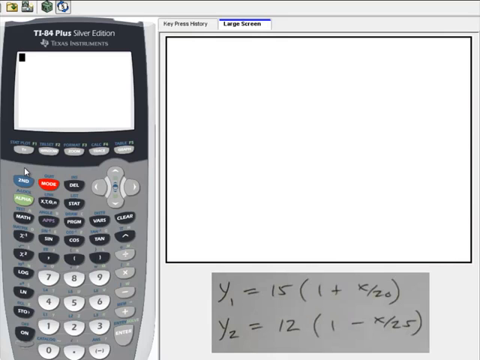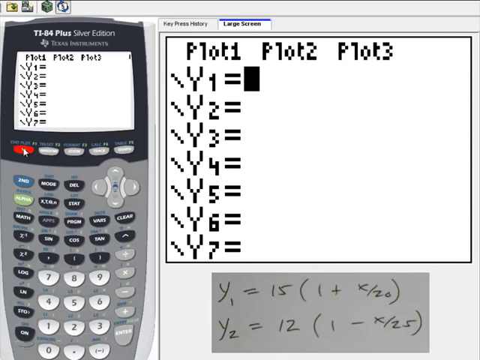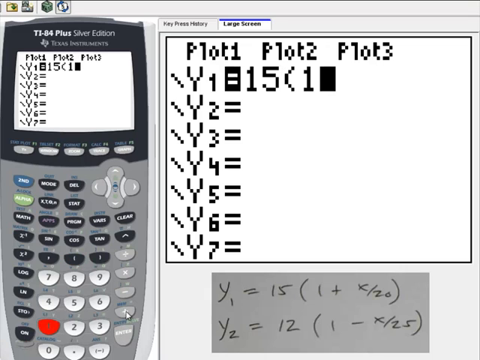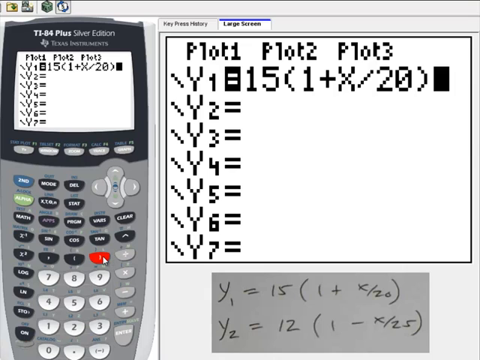Okay, at the calculator, let's go to the Y= edit screen. The formula for y1 we've developed is 15 parenthesis 1 plus x divided by 20 parenthesis. Okay, let's go down here.